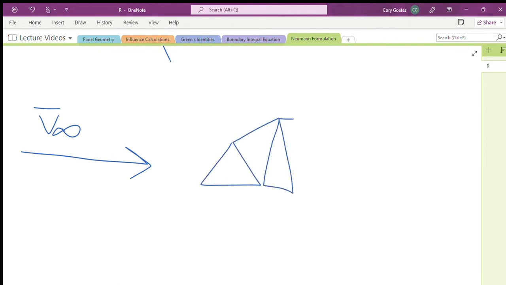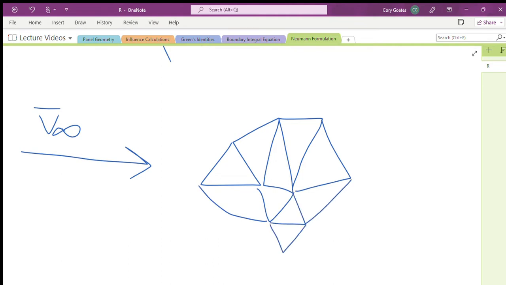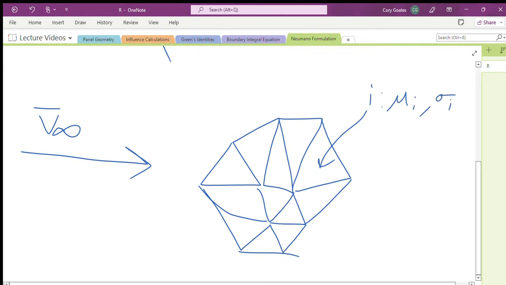I'm just going to draw this as kind of a random group here, but you can imagine this forms any kind of aircraft or boat or really any configuration we want to model. And over each one of these panels, I'm saying that if this is panel i, well, panel i has some doublet strength on it and some source strength on it.